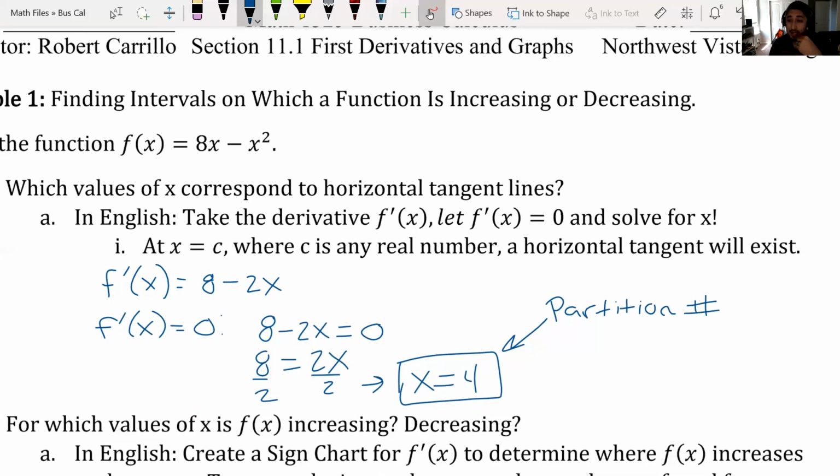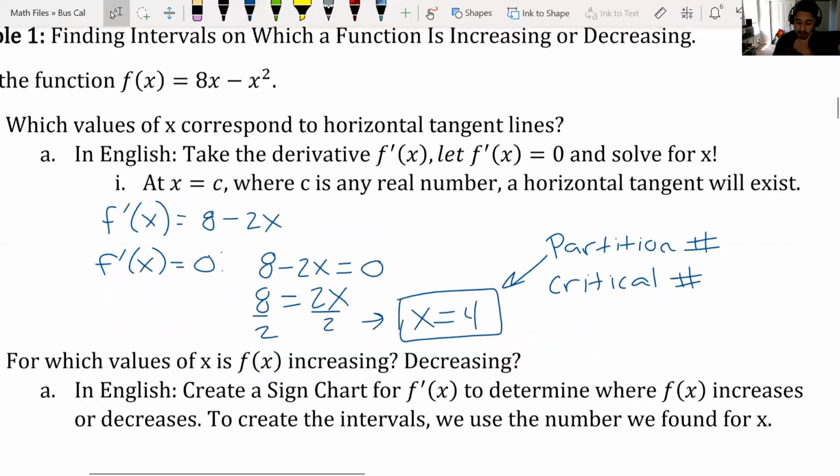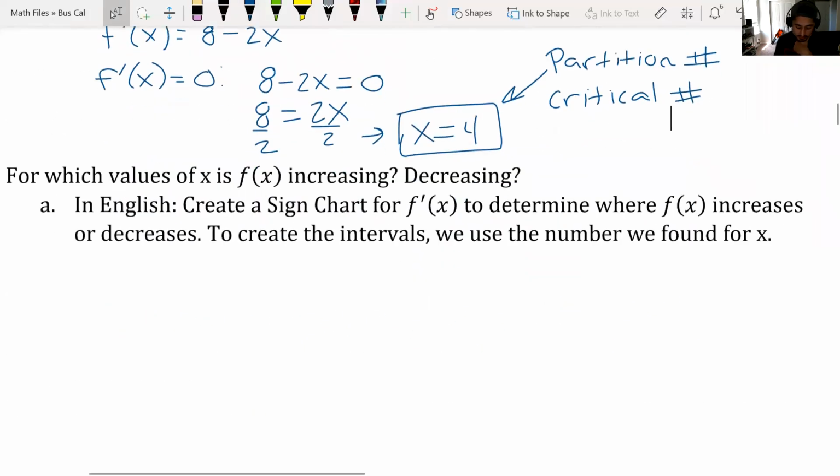It also has another word for it. It is called a critical number. Okay. So any values found after setting the first derivative equal to 0 and solving for x are called critical numbers and/or partition numbers. And the reason they're called partition numbers is because we come to the next problem.